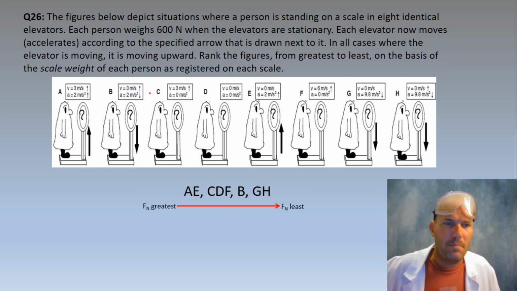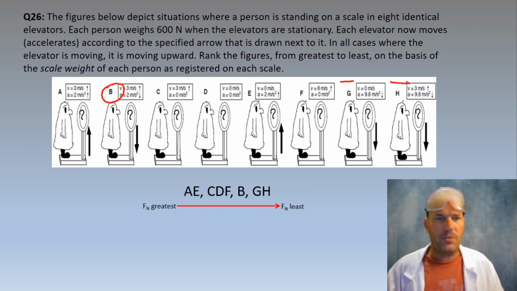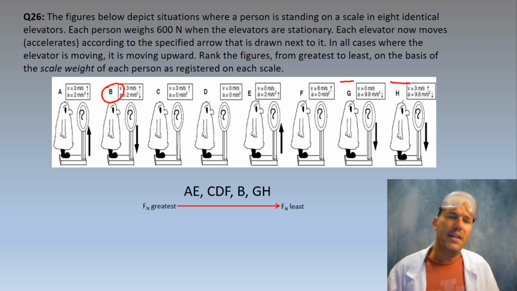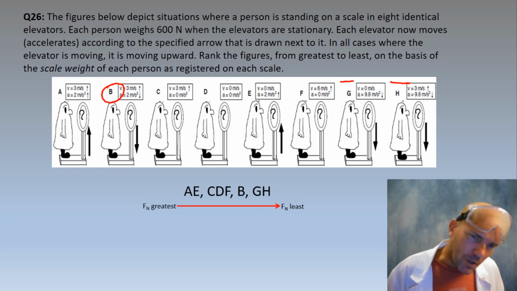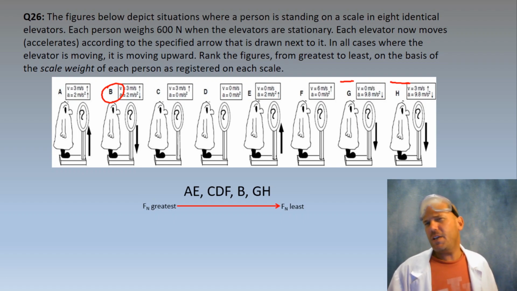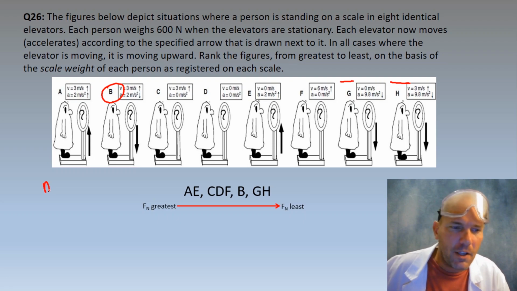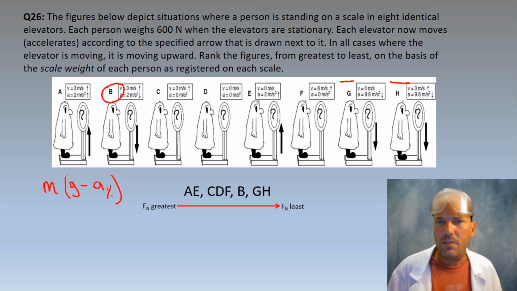Then we have B. So let's look. What's different about B? And we might as well also look at G and H while we're at it, because those are the last three. B, we have a downward acceleration of 2 meters per second squared. And anytime the acceleration is downward, as we've shown repeatedly, you're subtracting that acceleration of the system from the acceleration due to gravity.